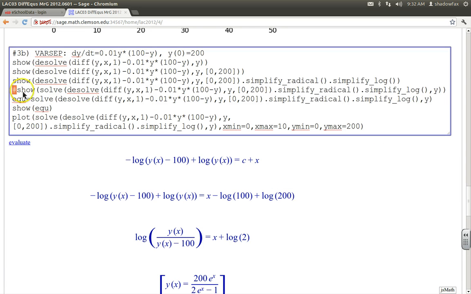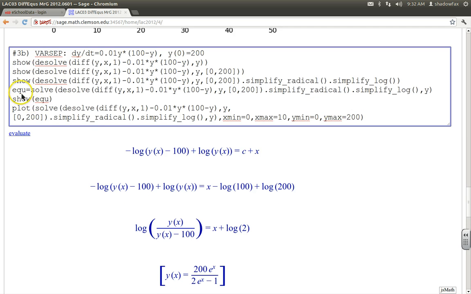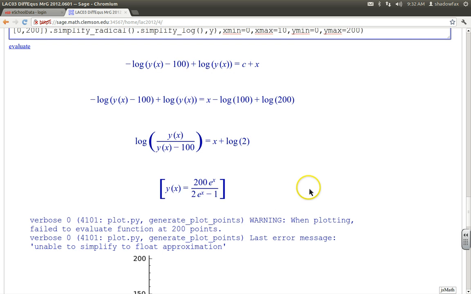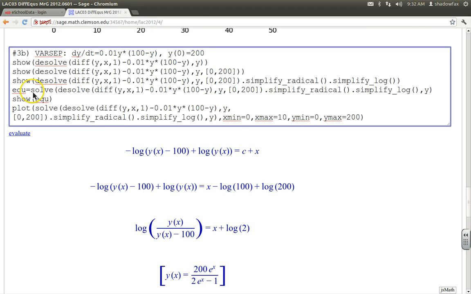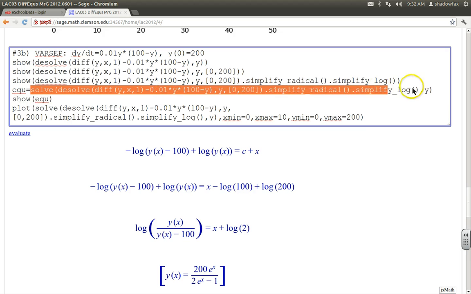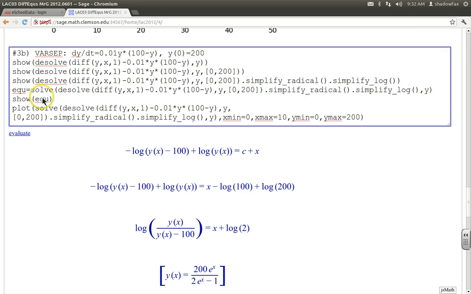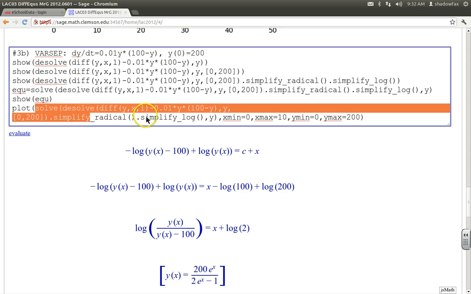All right, so I don't need this show. Get rid of this show. All right, so I named what I was going to show. I called it EQ. But then it makes it easier to graph it. Wait, what is it supposed to look like? The graph? We don't have the graph yet. All right. This thing was in the show. Instead of showing it, I called it EQ, so I could show it and I could plot it here as just EQ, make life easier.